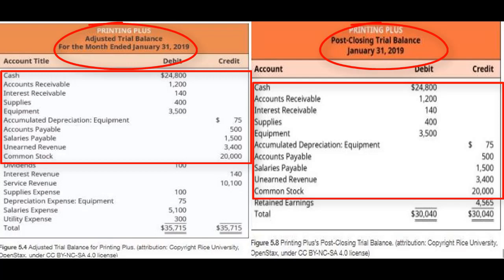Look at rows 6 through 10. They are credits, ranging from $75 to $20,000. Once again, these are the same 5 numbers in the same 5 accounts that appear in the pre-closing trial balance, Figure 5.4.